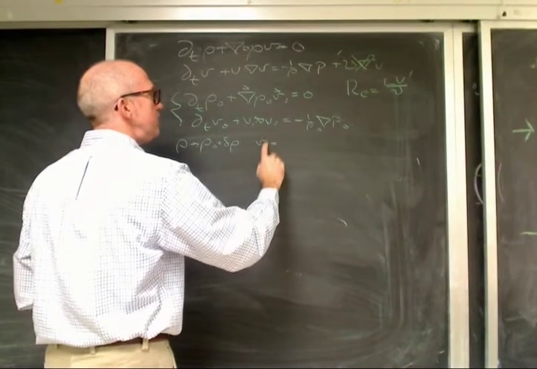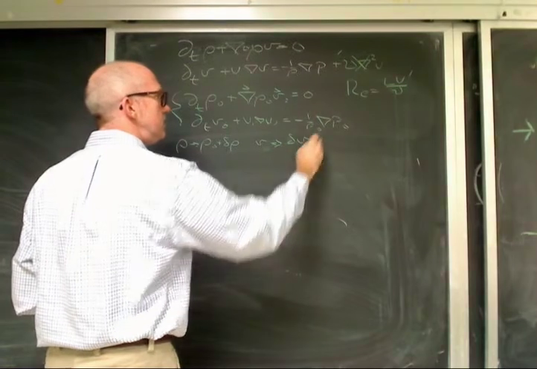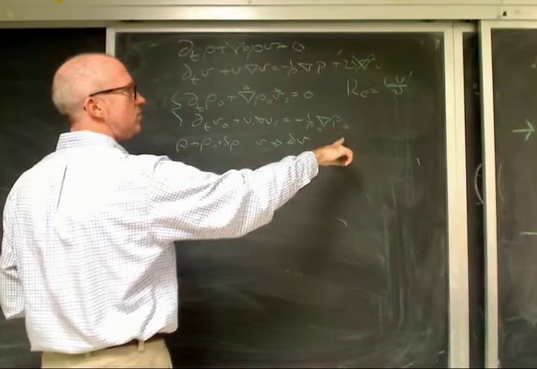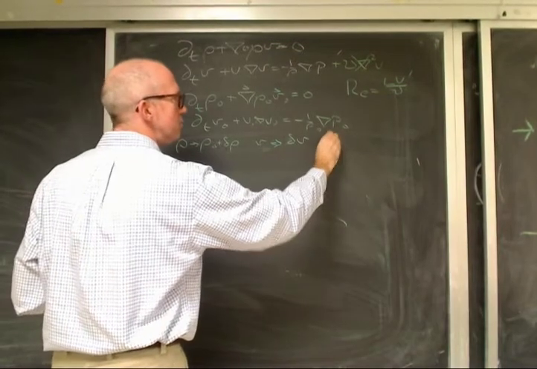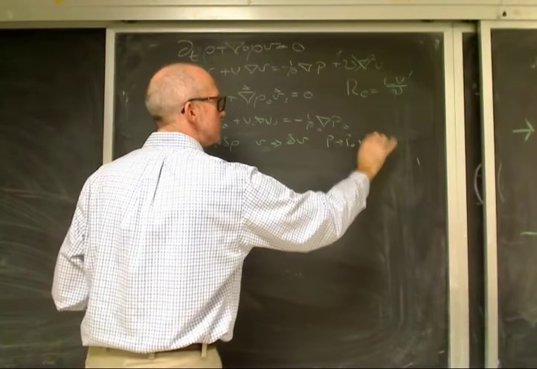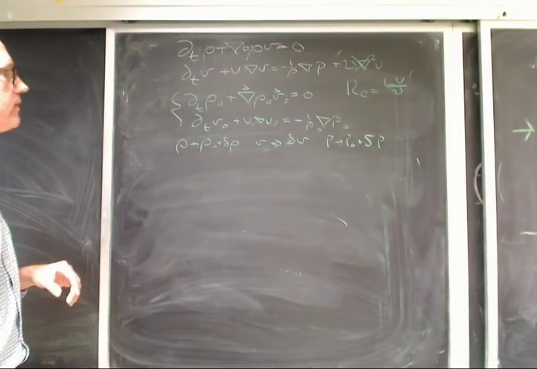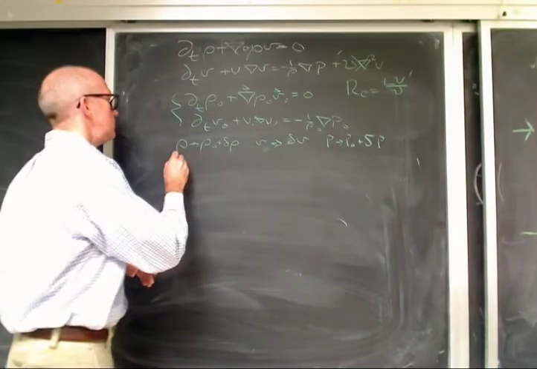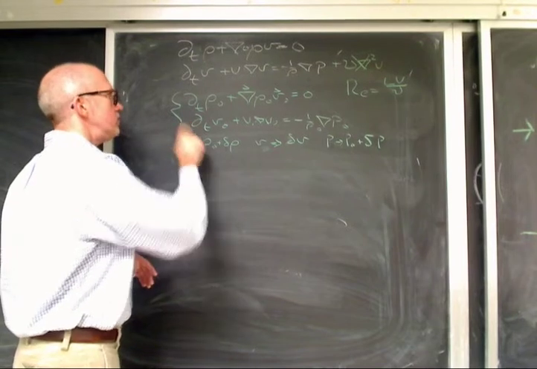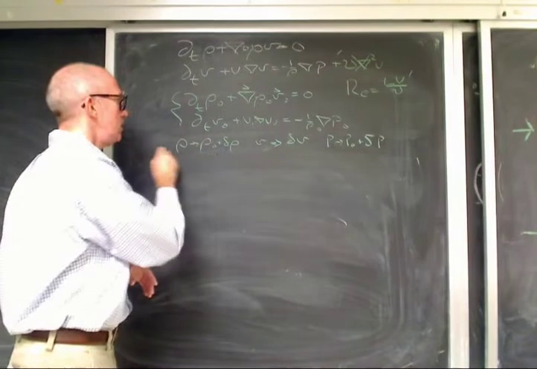V goes to, let's call it delta V, and P, well, we'll deal with P in a second, but we'll say that P goes to P naught plus delta P. So the first thing we'll do is just plug all of these into my constituent equations.